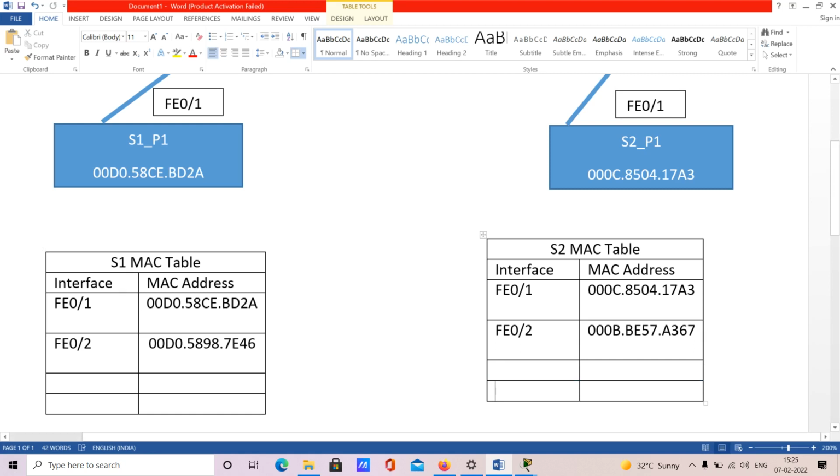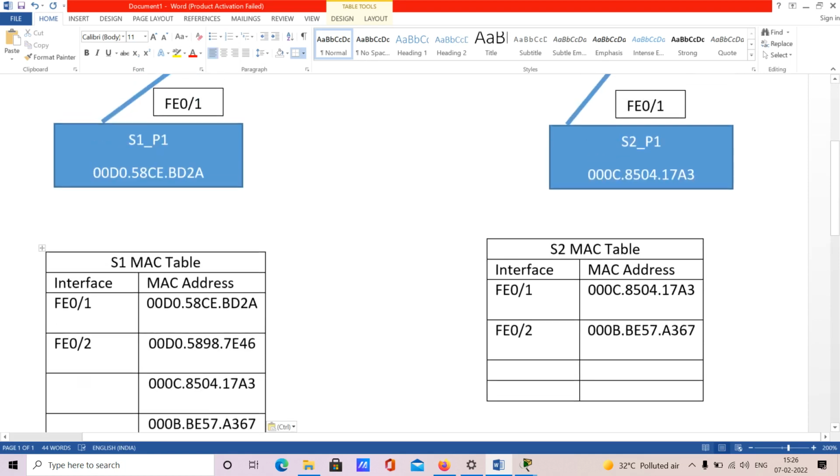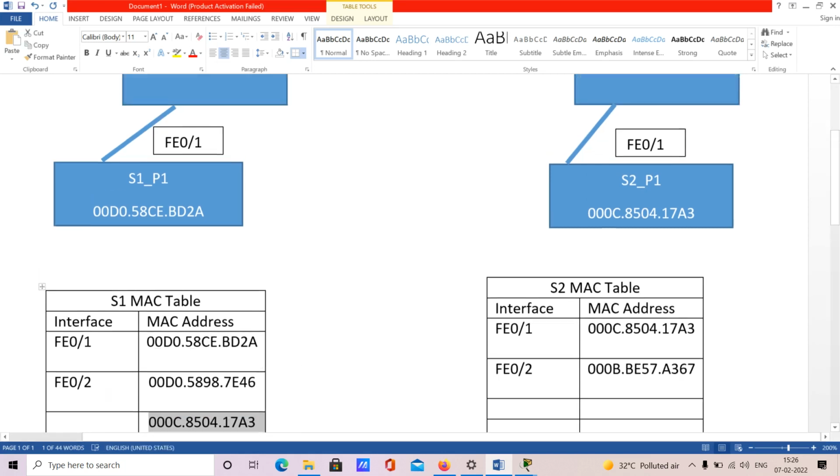तो पहले हम क्या करते हैं, S2 का टेबल S1 में ऐड करते हैं. सो ये किस तरीके से ऐड होता है, मैं पहले ये दोनों के मैक एड्रेस कॉपी करता हूँ और फेच करता हूँ. एंड व्हाट वुड बी द इंटरफेस हियर? अगर S1 को इस मैक एड्रेस को पिंग करना है या पैकेट पहुंचाना है, if S1 wants to send a packet or a frame to this MAC address, which interface should it use?